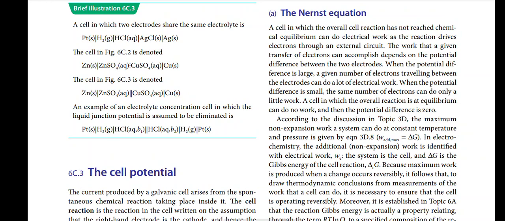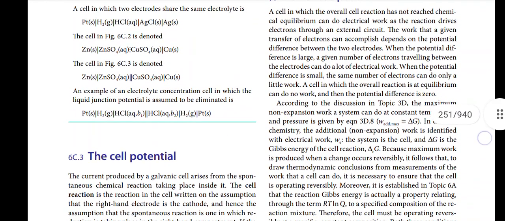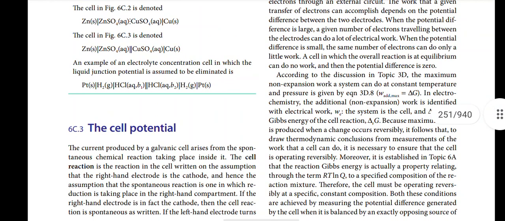Moreover, it is established in topic 6A that the reaction Gibbs energy is actually a property relating through the term RT ln Q to a specified composition of the reaction mixture. Therefore, the cell must be operating reversibly at a specific constant composition.